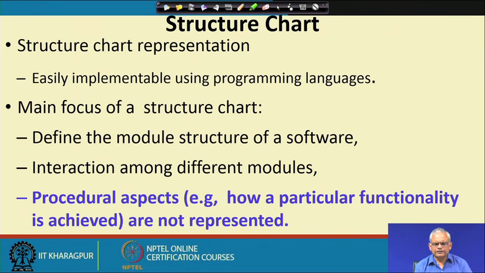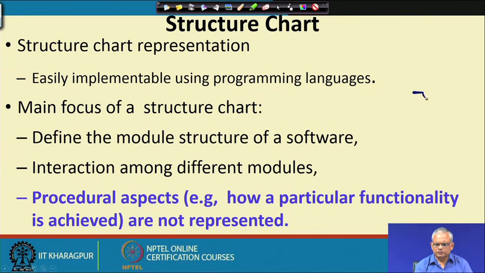It is actually the high level design, and in the next step, based on the structure chart, we do a detailed design, where for each module we identify the algorithms, data structures and so on, and that is directly transformed to code. So, here in the structure chart, we only represent the module structure, what are the modules, what is the call relationship among the modules.